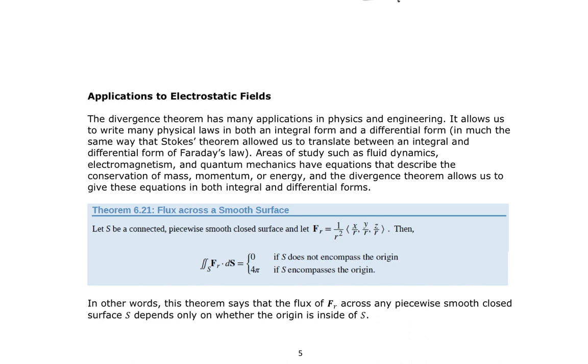Then the surface integral of the vector F of r dotted with dS is equal to 0 if the surface does not include the origin, and is equal to 4 pi if it does include the origin. So in other words, this theorem says that the flux of F across any piecewise smooth closed surface depends on whether the origin is inside of S or outside of S.